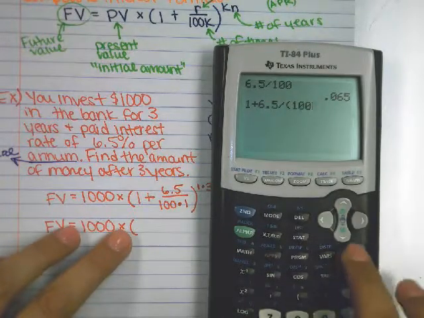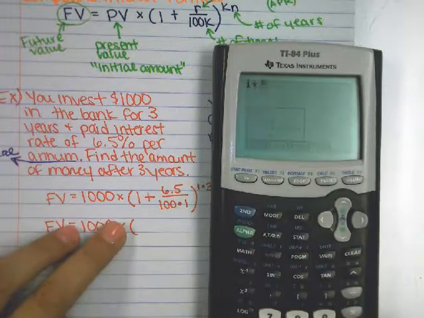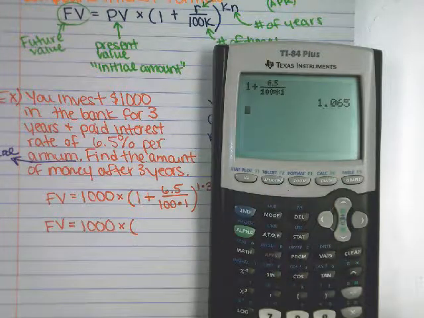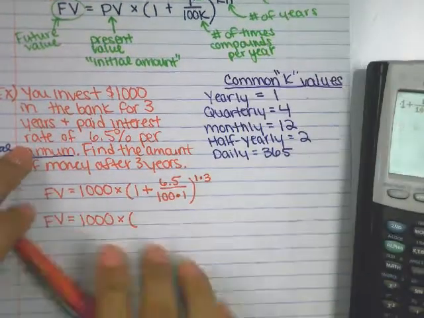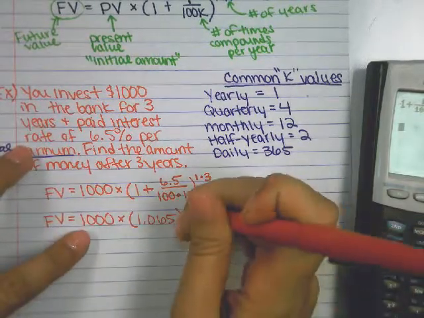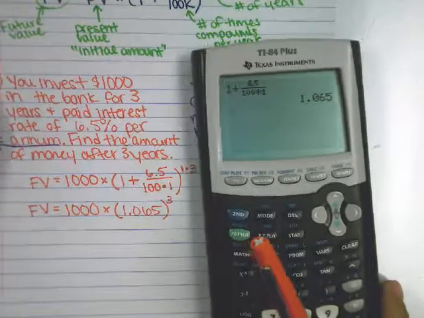I'm going to use my fancy fraction, 1 plus 6.5 over 100. I'm going to leave it so you see how you could type it in if it was a times 5. So that's 1.065. 1 times 3 is 3, and then we can type it straight in.